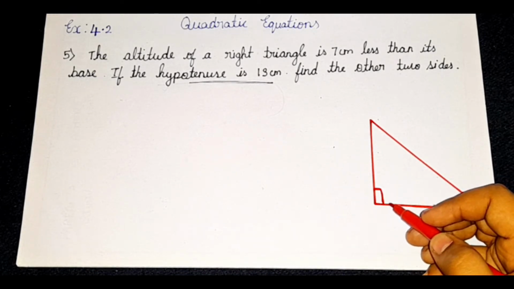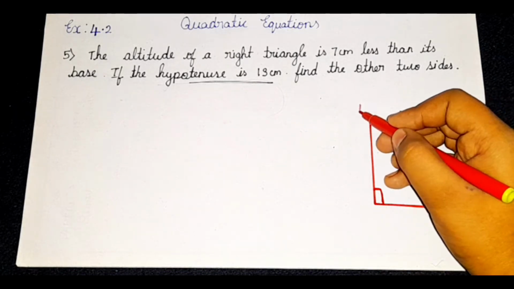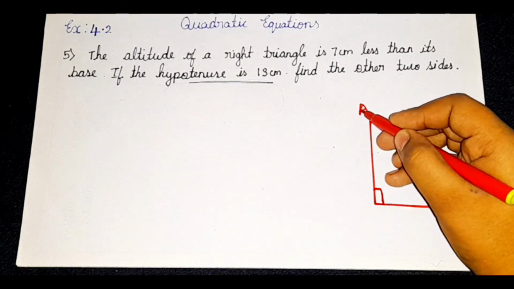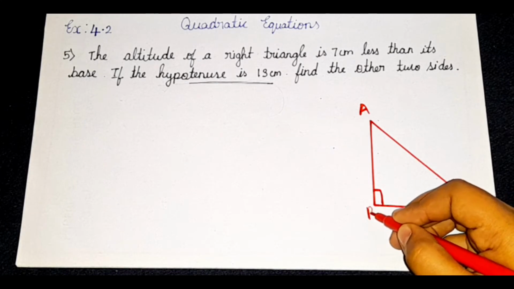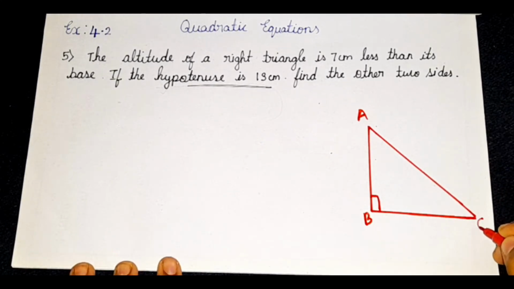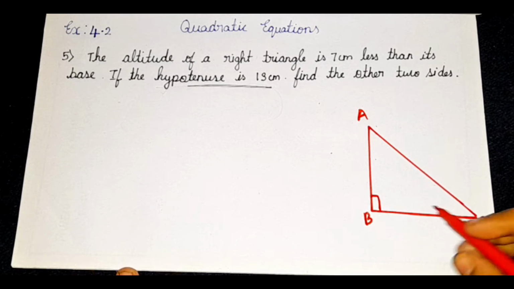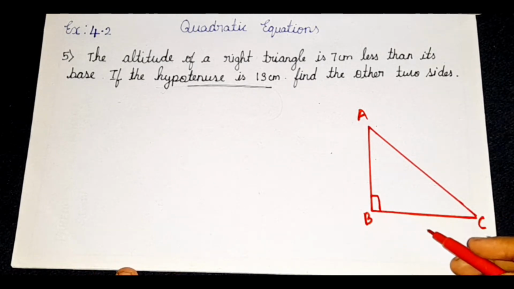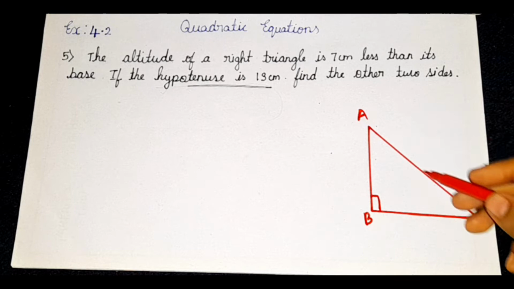Now let us name them A, B and C. So this is A, this is B, and this is C. This is a right angle triangle. Here this is 90 degree, and the hypotenuse is this one.